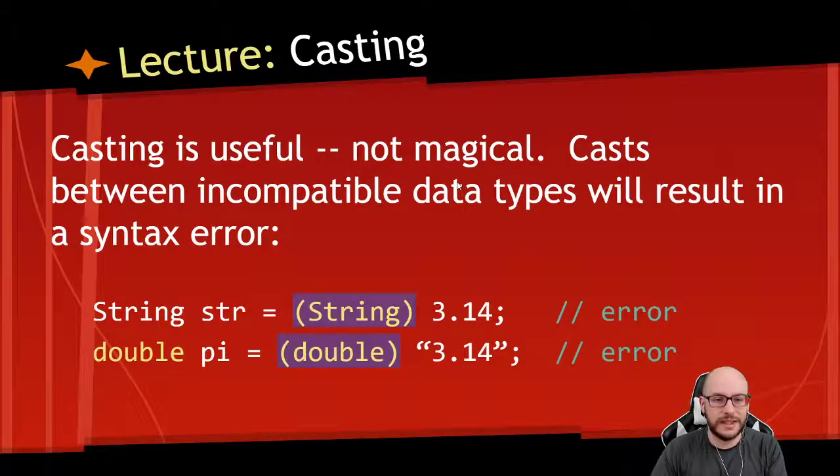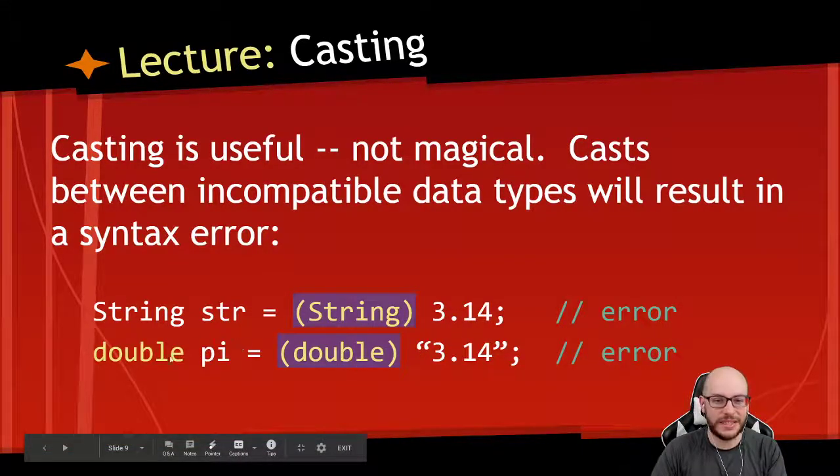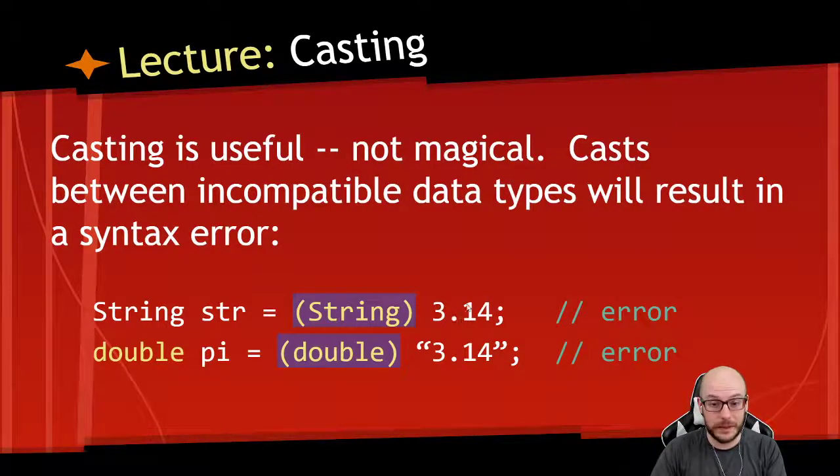Something to keep in mind is that casting is useful, it's not magical. Cast between incompatible data types will result in a syntax error. I can't take a string and then just magically cast it to a double. Here I'm trying to take a double and treat it like a string. That doesn't work.